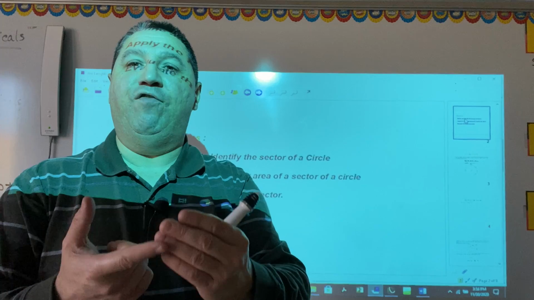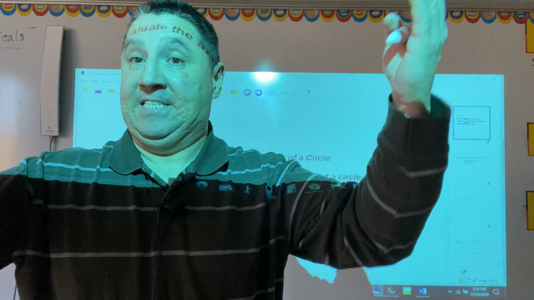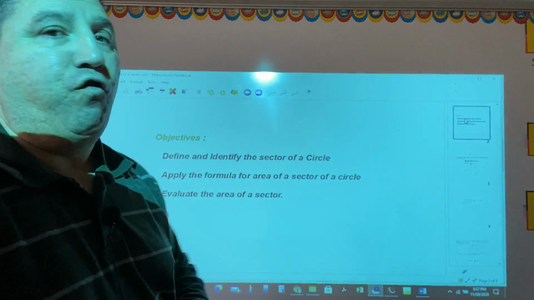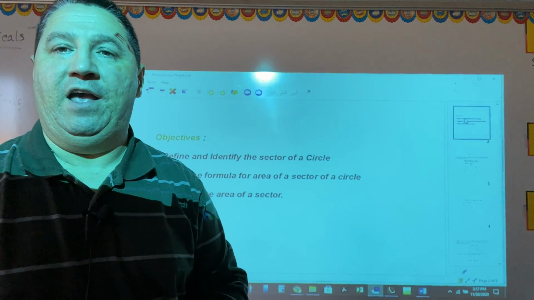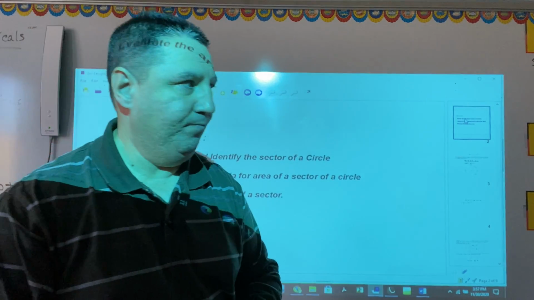Also, we define and identify the sector of a circle, and we'll apply the formula for area of a sector of a circle to find that area.